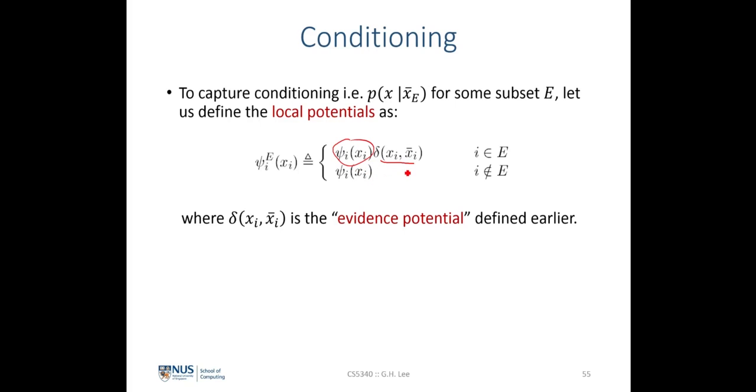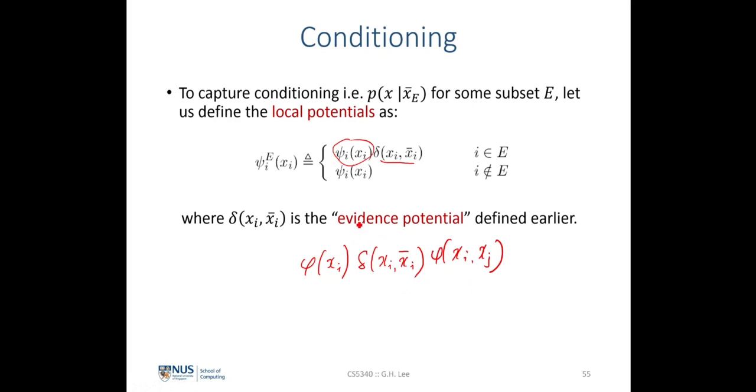The reason is obvious: it's sufficient to introduce it on only one of the terms. Let's say I have observed x_i, and then I introduce this particular delta term on x_i, where in my product term, in my factorized form of the joint distribution, there might be other potentials that consist of x_i and x_j, for example.